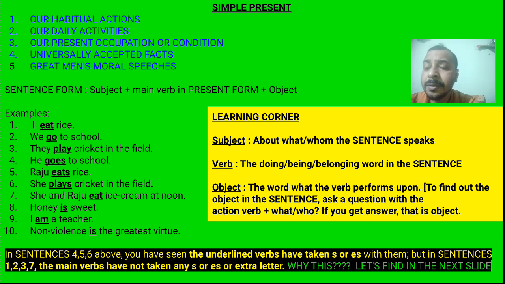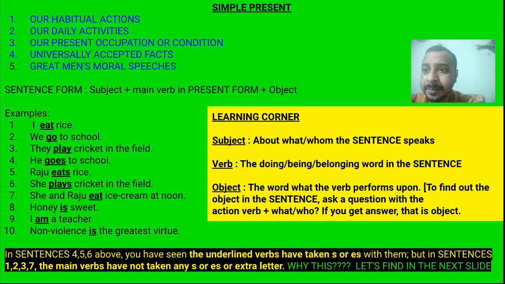Now you notice the sentences from 1 to 10, and in sentences 4, 5, and 6 you have seen the underlined verbs. Please look at 4, 5, and 6, the underlined verbs. The underlined verbs have taken s or es with them.